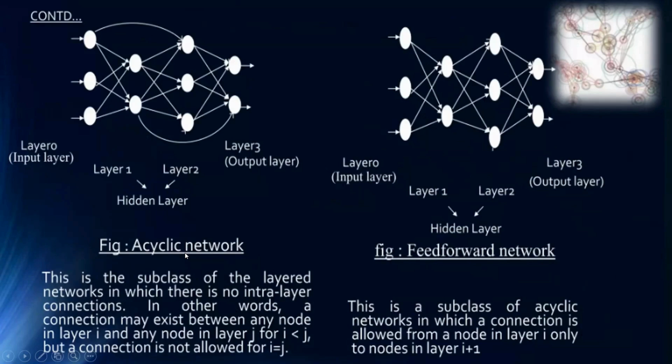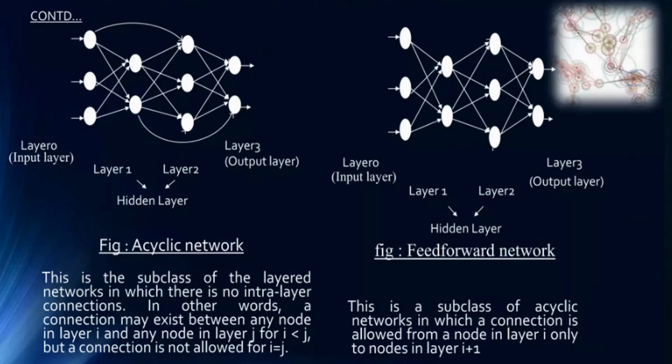An acyclic network is one where wherever the input triggers, the output layer must be reached through the hidden layers. This is a subclass of the layered networks in which there are no intra-layer connections. In other words, connections may exist between a node and the layers, from the input to the output.